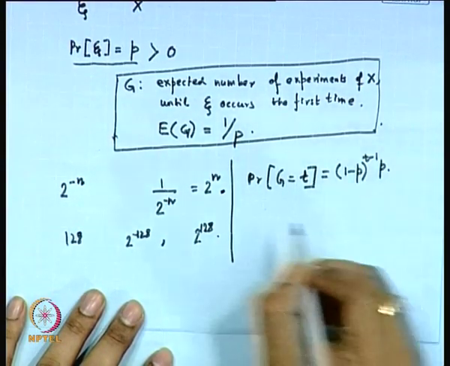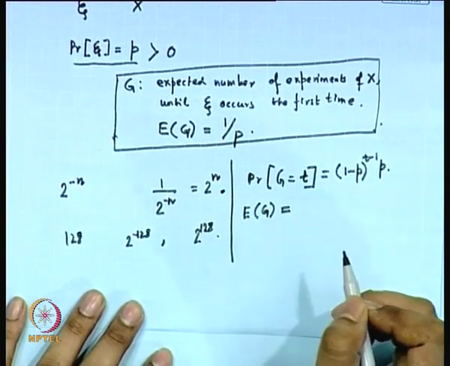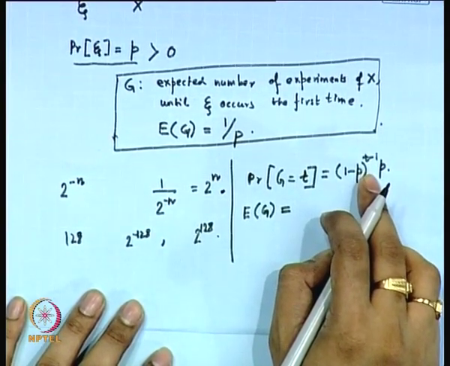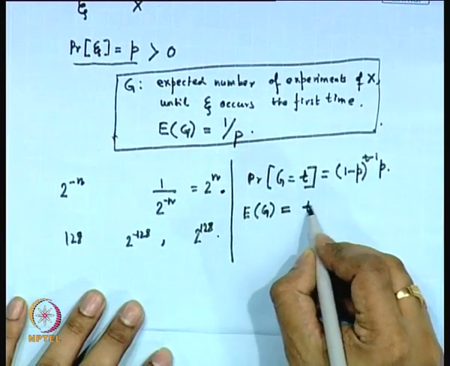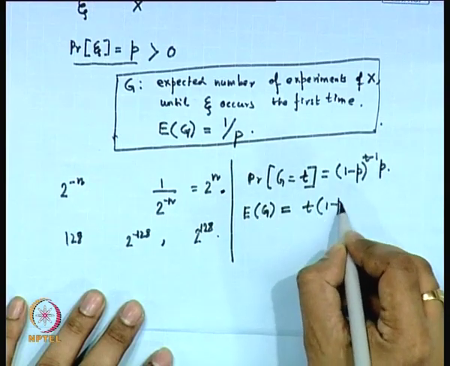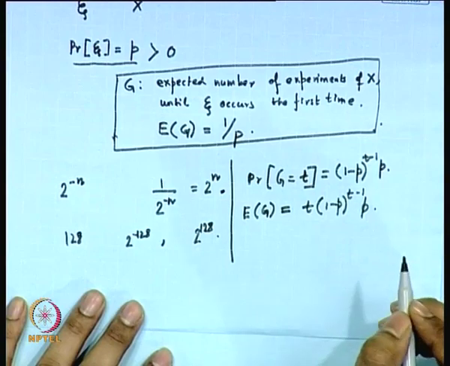Therefore the expectation of g, by using the law of large numbers, will be equal to this probability multiplied by the number of times you are repeating the experiment. So you repeat this for t times, and multiply t by (1 minus p) to the power of t minus 1, and multiply that by p.